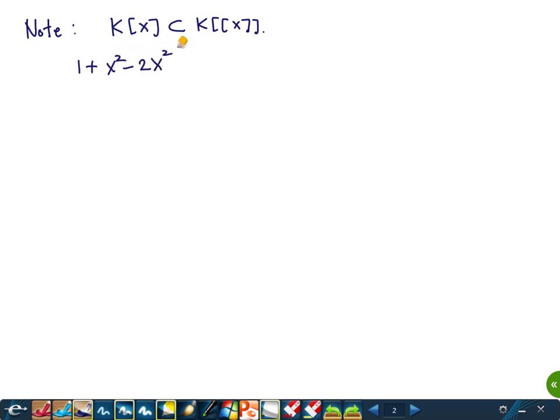This is an element in a polynomial ring, and by identifying this with the formal power series, 0x cubed, and so on, they are all zeros after this. Then this is going to be an element here, so we can embed this inside this ring. Okay.